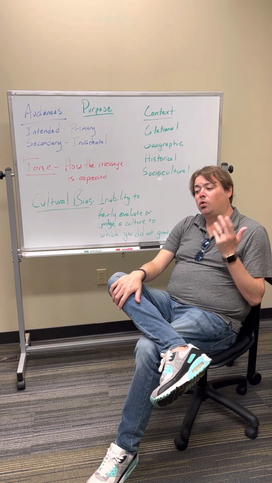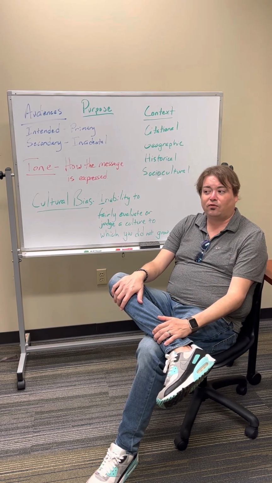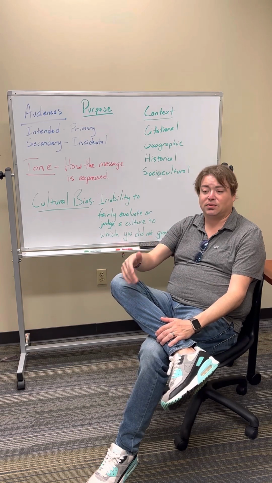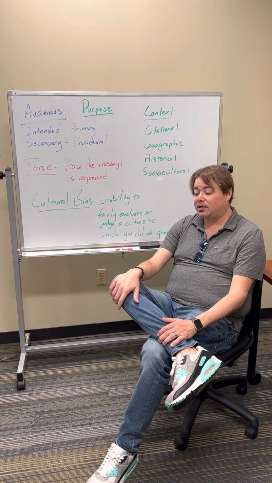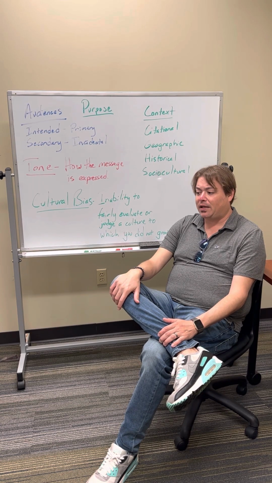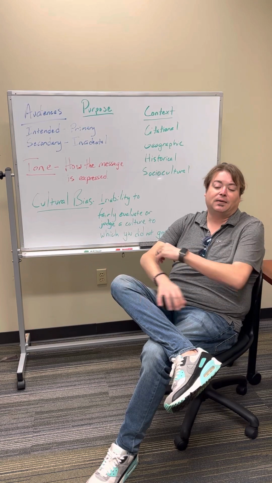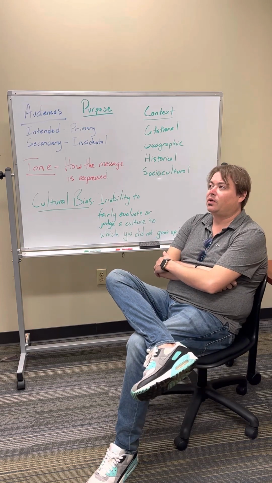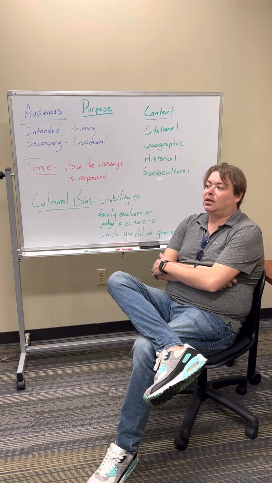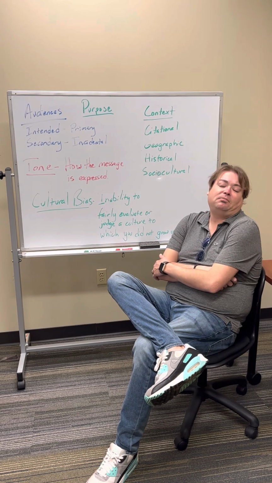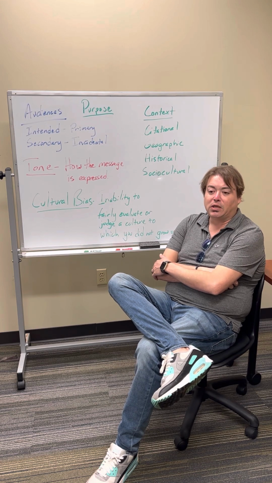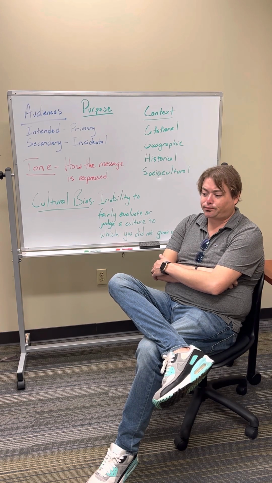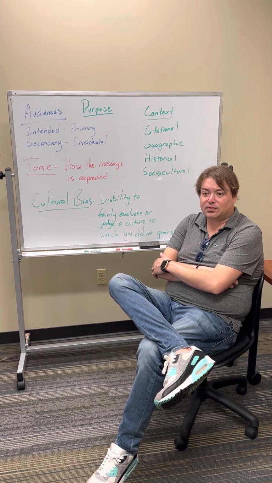So, who is the intended audience for whatever it is you are trying to examine? So let's say that you were taking a look at an academic article that has to do with, like, let's say, water table cleanliness in Louisiana. So you're writing a paper that has to do with how safe our drinking water is.